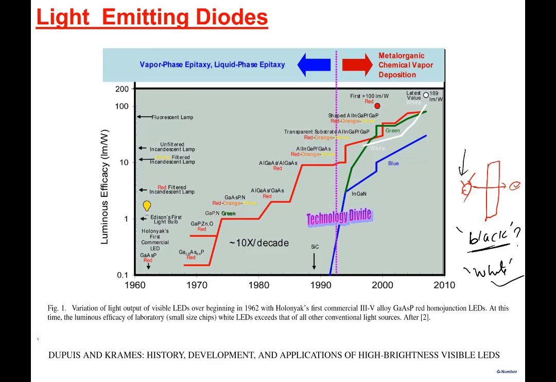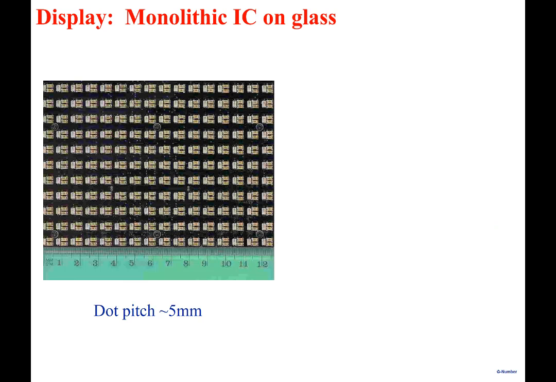Lattice constants don't match, and once you have dislocations, you have recombination, and gallium nitride LEDs don't work. So gallium nitride LEDs require a different substrate, and the red LEDs require a different substrate. So how do you make red, green, and blue LEDs side by side in order to make a display? So you have all of them, red, green, and blue, but how do you make a display? So that was a problem.